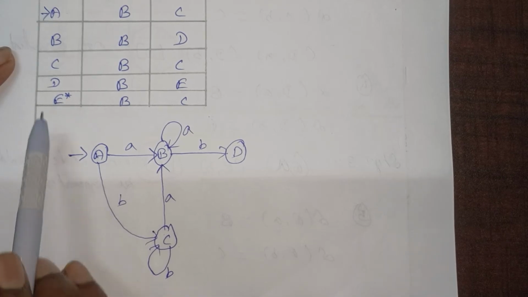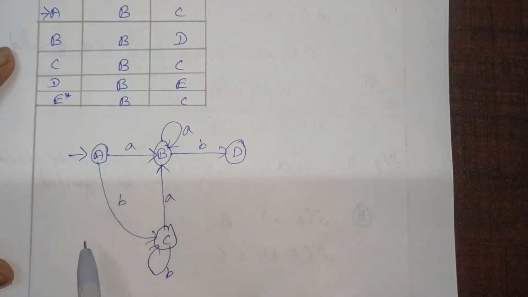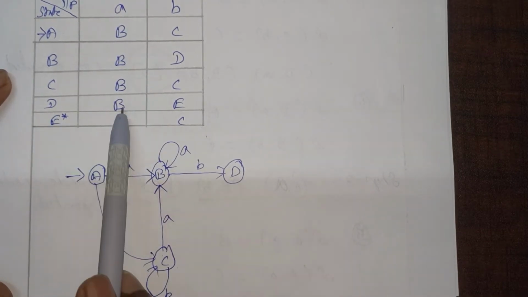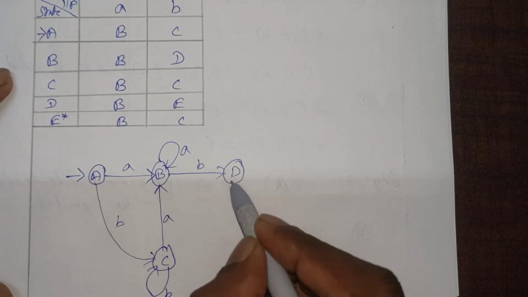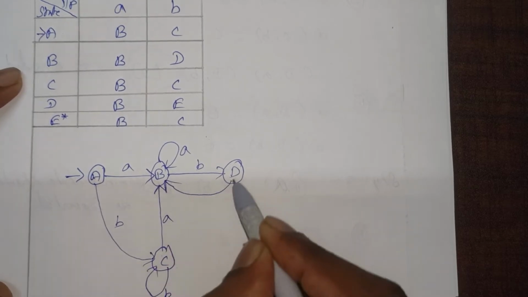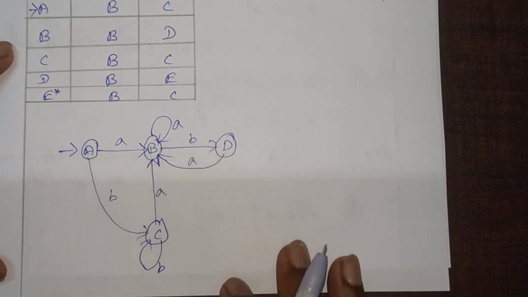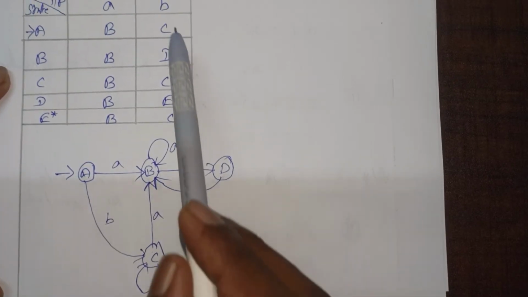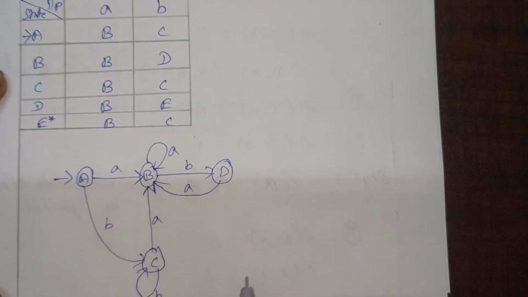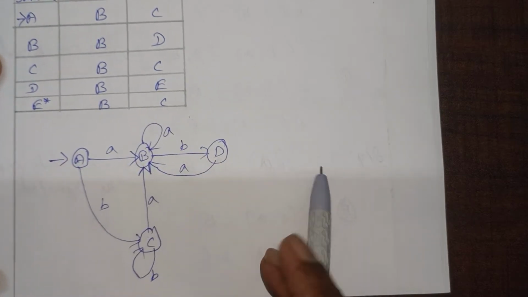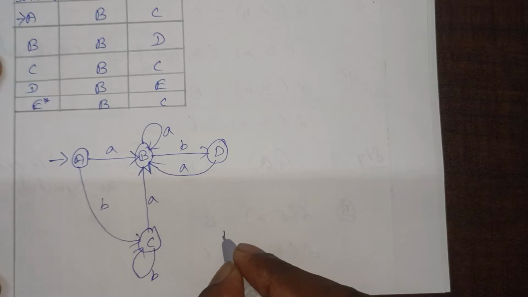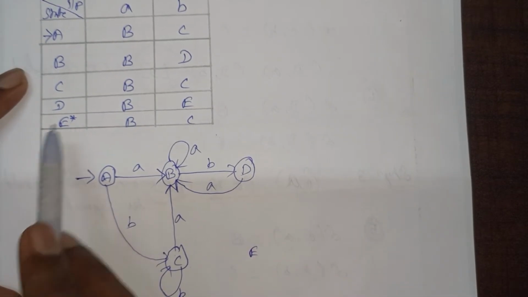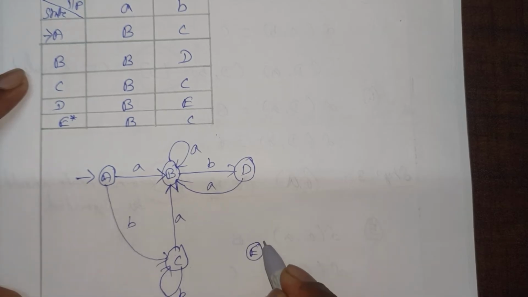Next state is D. D is taking small a and it is reaching B. You have to construct it in this way. Again D is taking small b and it is reaching E. We have not constructed state E yet, and you can see here that it is marked with an asterisk, which means it is an end state.